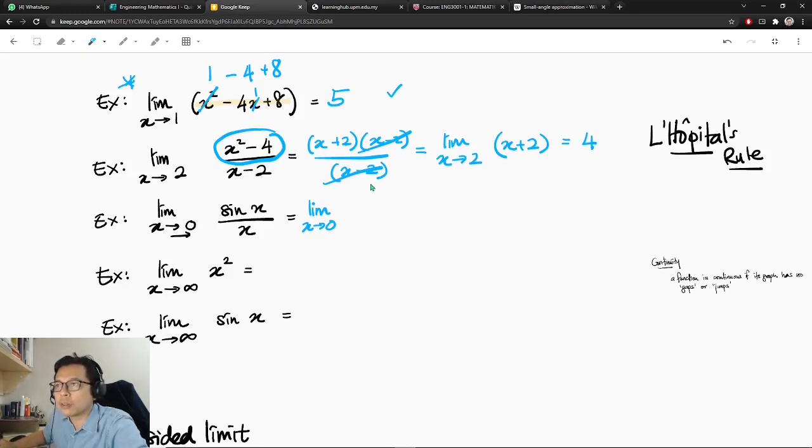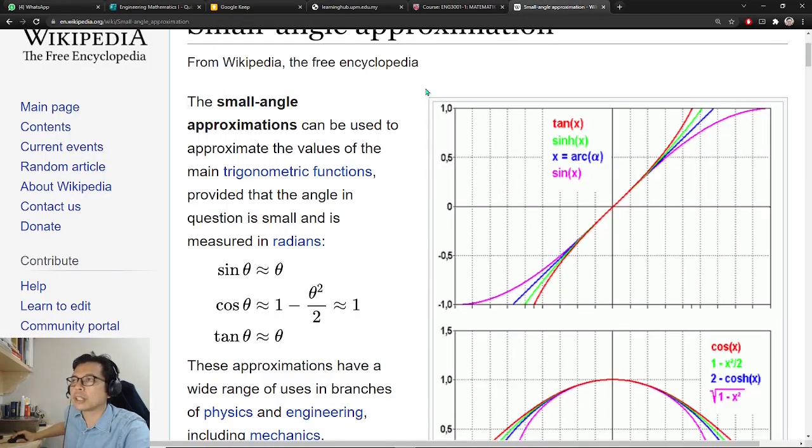So up here we will have x and down here we'll have x. Why do I change sine x to x? The reason is the small angle approximation. You are going to use a lot of this in engineering afterwards.